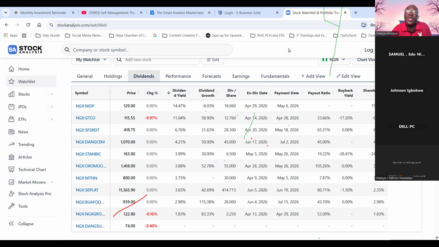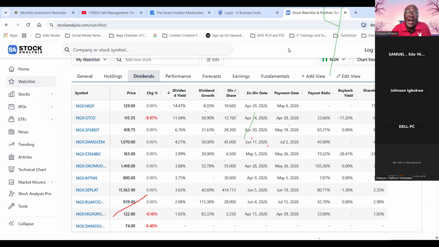So you have to weigh everything against each other. Do you want the one that pays you 4 times in a year? Or the one that gives you the highest dividend yield? Or the one that gives you the highest return on investment, the highest capital growth?